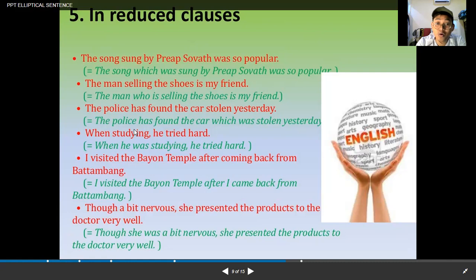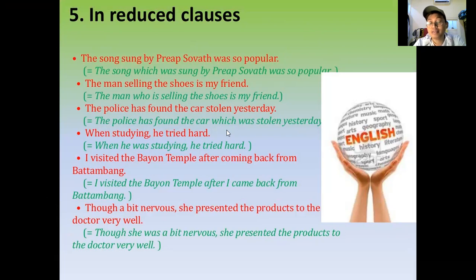So it's okay to omit he was in this first sentence because it's already represented by he after the comma. I hope you get the point. So in reduced clauses, we can also use elliptical sentences. The rest of the examples you can read by yourself.